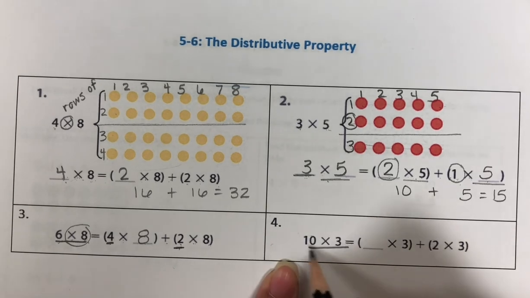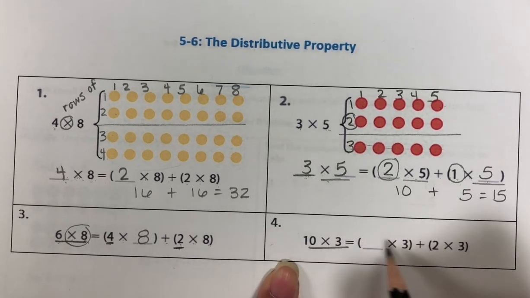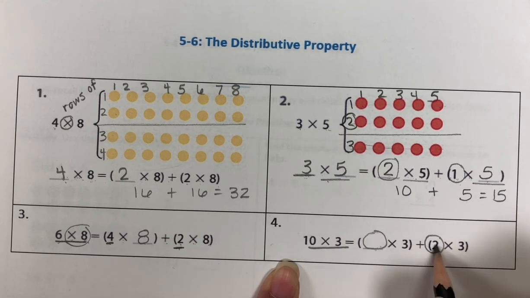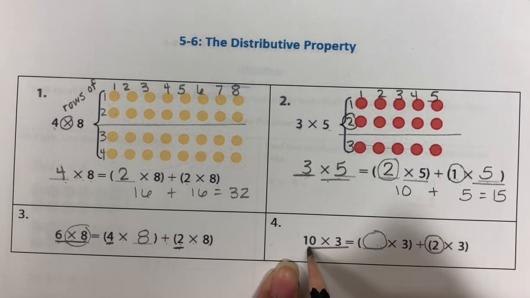Here we have 10 times 3. And what's missing is the first factor here. Now again, my first factors together, their sum should equal the value of the first factor in the original multiplication equation, 10.